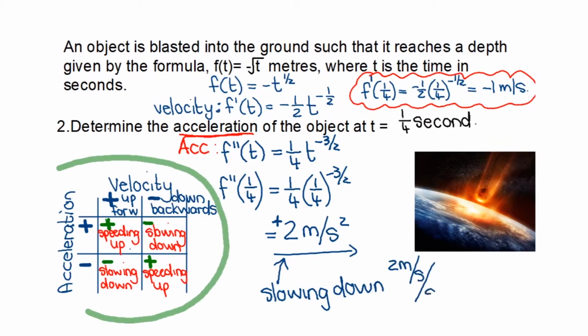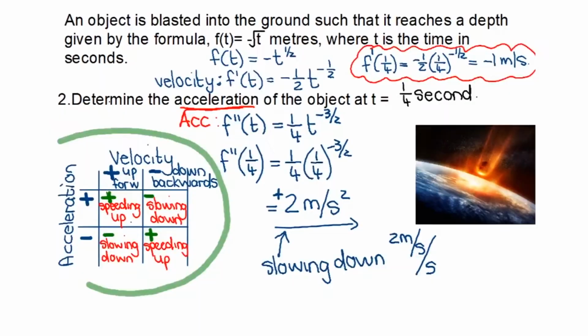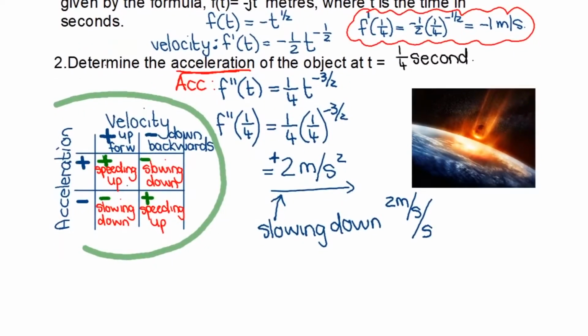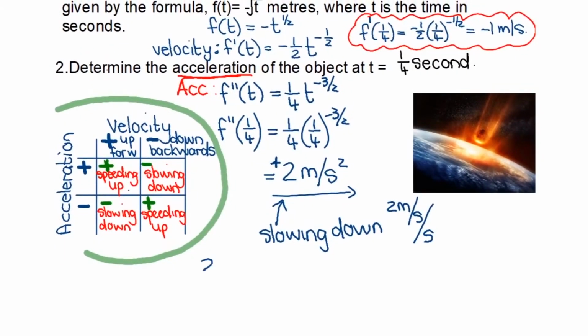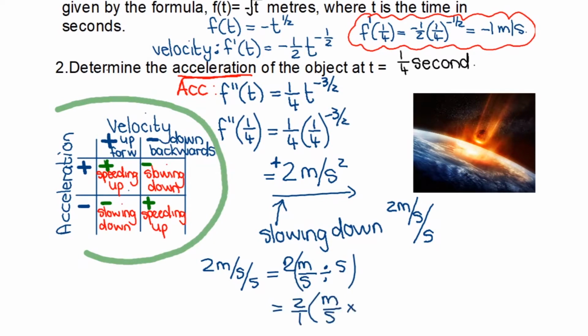I want to talk for a moment about this unit. This unit can actually be written in different ways. I can say 2 meters per second, or that's the same as 2 meters per second divided by second, which is 2 meters per second multiplied with 1/2.